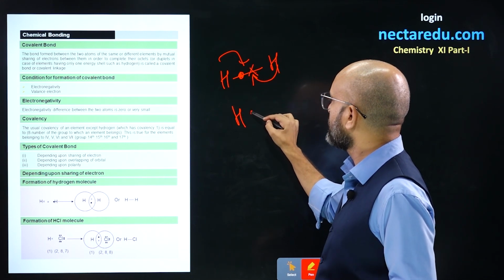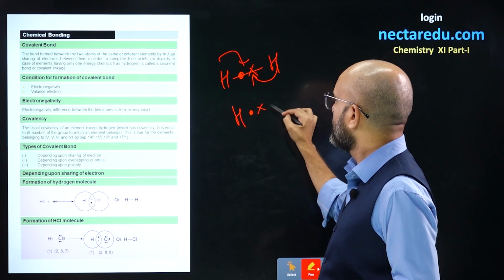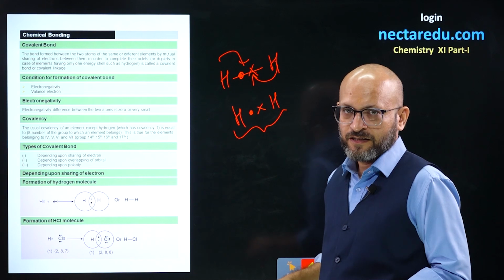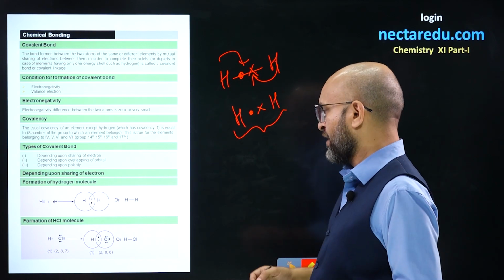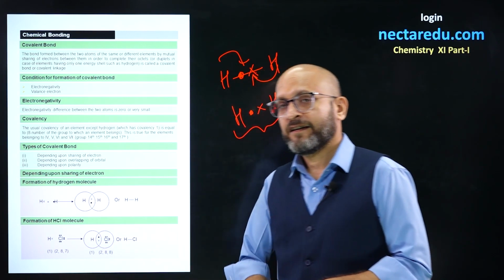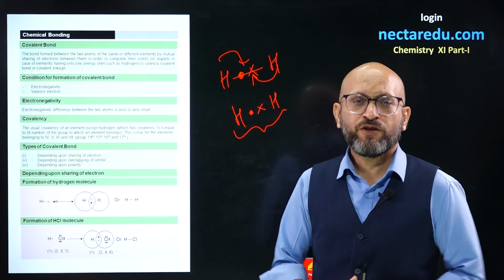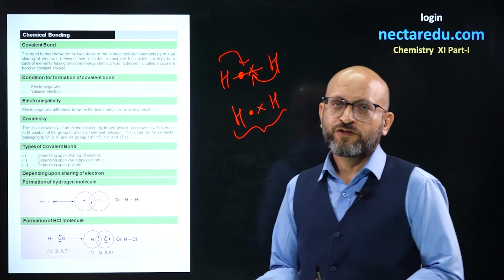So this will have something like this in between them, right? This is known as the Lewis dot structure for the hydrogen molecule. And similarly HCl, we have already discussed the HCl molecule, right? So this is it for now.